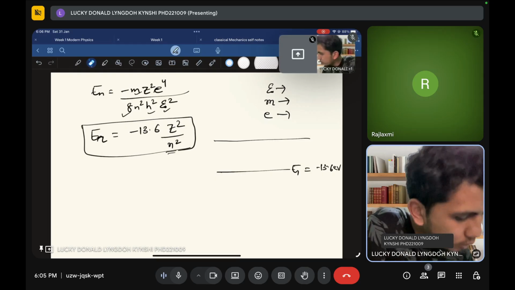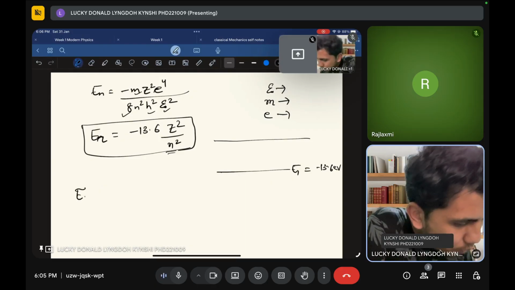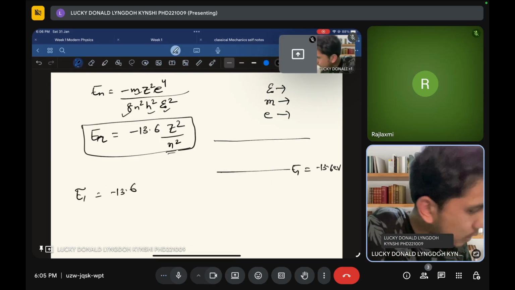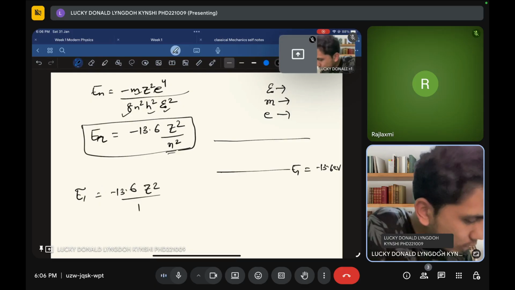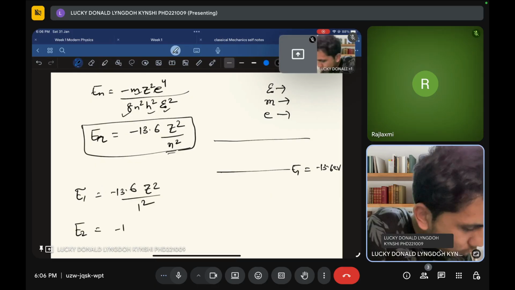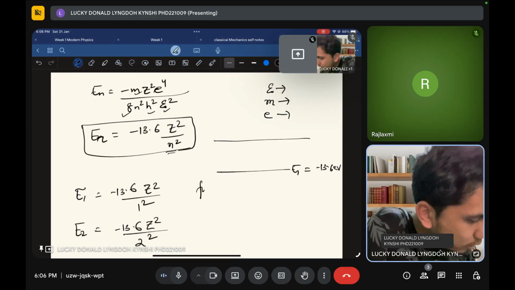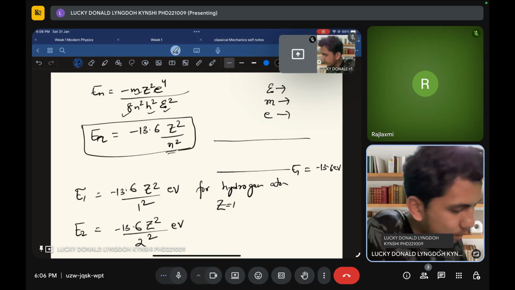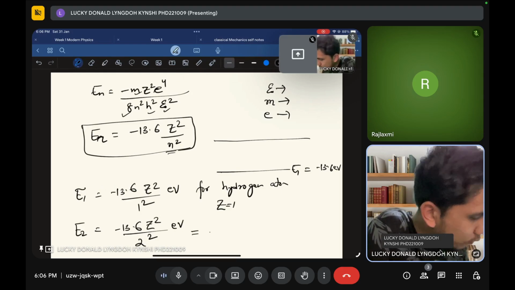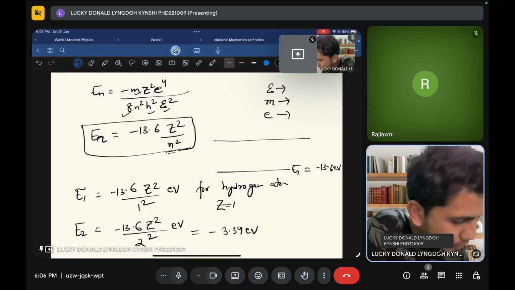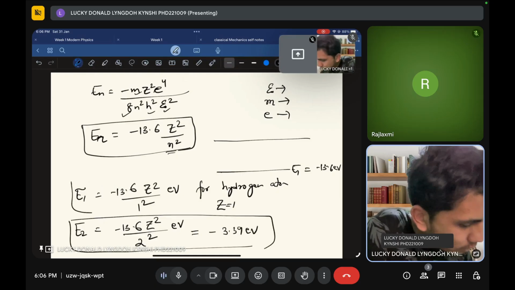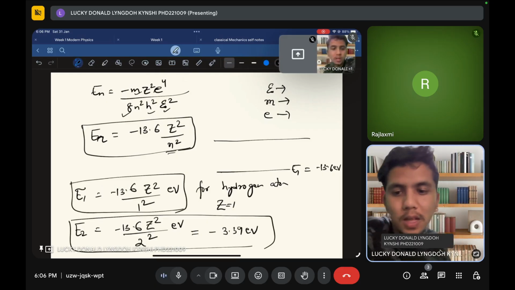E1 will be equal to minus of 13.6 Z square by 1 square. E2 will be minus of 13.6 Z square by 2 square. And for a hydrogen atom, Z equals 1. This is in terms of electron volt. That means this energy will be equal to minus of 3.4 electron volt, right? And E1 is simply minus of 13.6 electron volt.